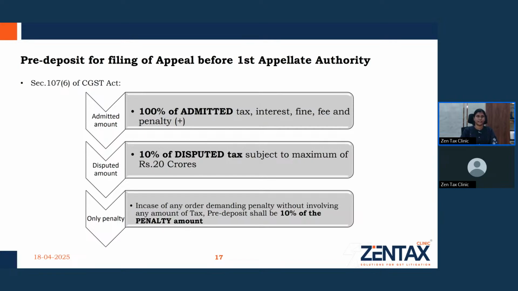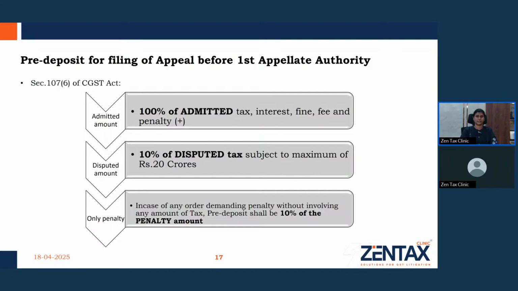Next, we will see what is the pre-deposit to be paid for filing an appeal before the first appellate authority. Section 107, subsection 6 of the CGST Act has provided the amount of pre-deposit to be paid. If we are admitting any amount, then 100% of the admitted tax, interest, fine, late fees and penalty has to be paid.